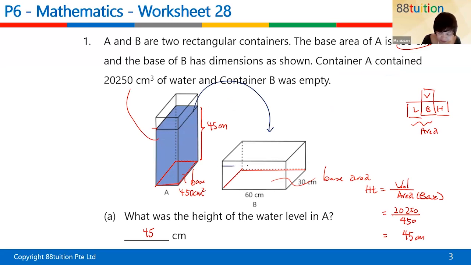Probably here, same height, probably here, same height. And this is the volume that is poured into container B.